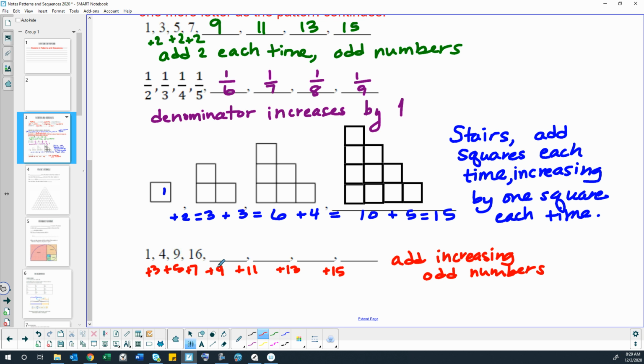So that would give us 16 plus 9 is 25. 25 plus 11 is 36. 36 plus 13 is 49. And 49 plus 15 is 64.